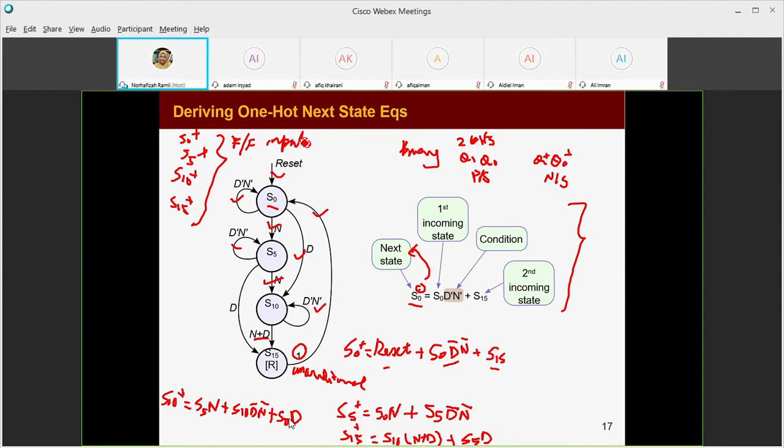The next state is actually your flip-flop input. Next, what is your output? You have only one output, so this is a Moore output. You simply say R is equal to S15. In fact, you can also have a mixed design, with both Moore output and Mealy output. So this is how you come up with the equations.